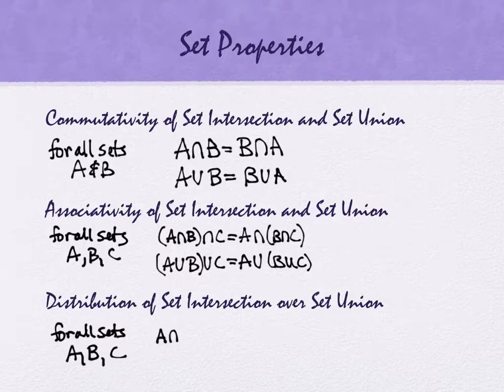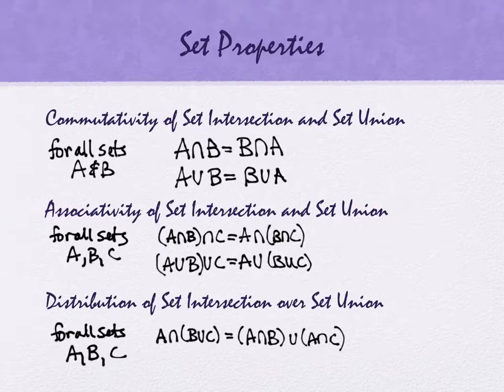If I have A intersect B union C, this is the same as having A intersect B union A intersect C. So in other words, if I were to take the intersection of a union with a set, it's the same thing as taking the intersection of that set individually and finding the union afterwards. Works the same way.